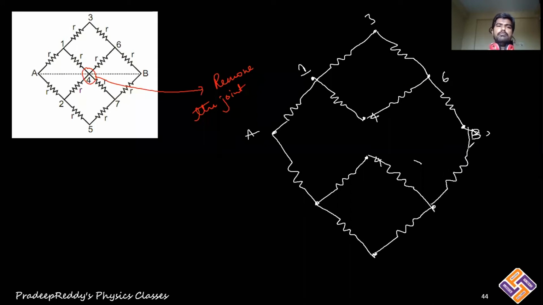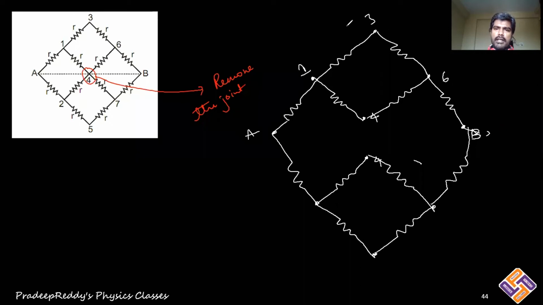That is A and B. What have you done? Simply removed the joint at 4. Now, how simple the circuit is. Check it out, this is very easy to solve. I have removed the joint at 4, so the total circuit is now very easy.